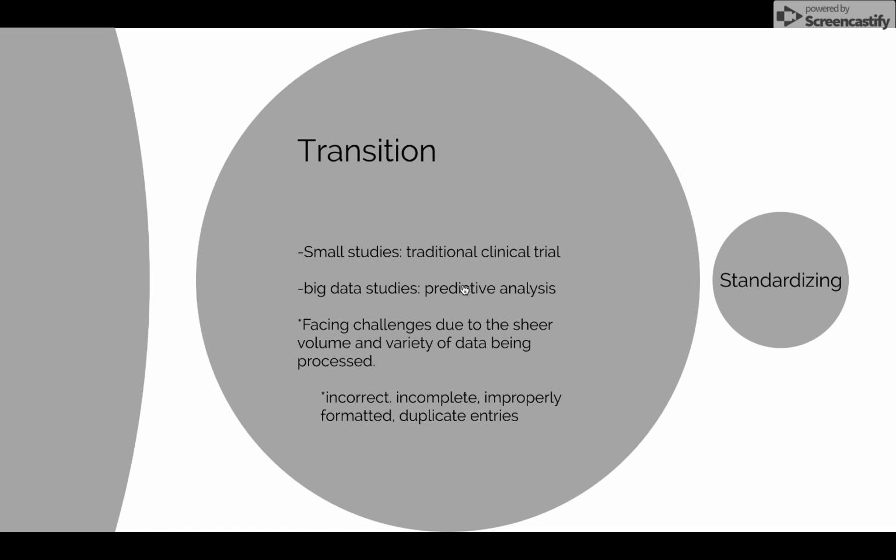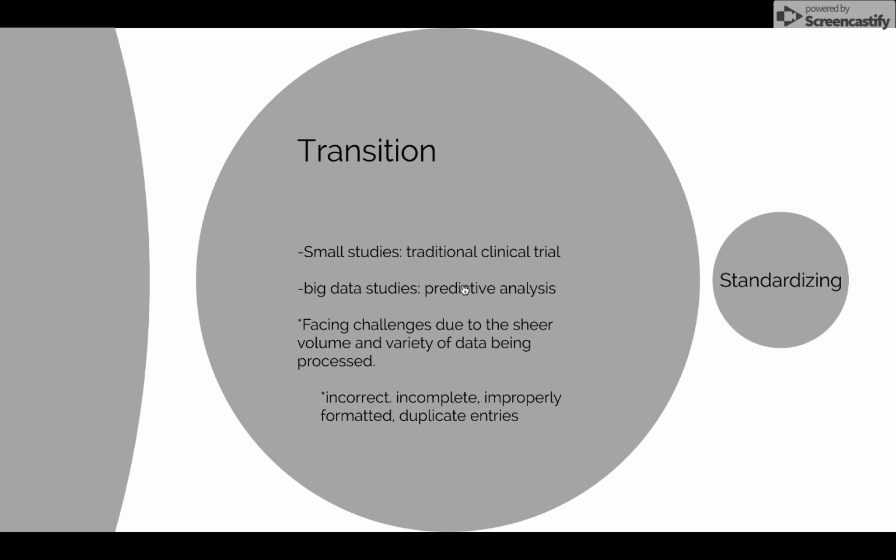So transition, we're in a period of transitioning from small studies like traditional clinical trials to big data studies. So these are predictive analysis, just pulling all of the data from any other research together to make predictive analysis. So facing challenges basically due to the sheer volume and variety of data that's being processed.